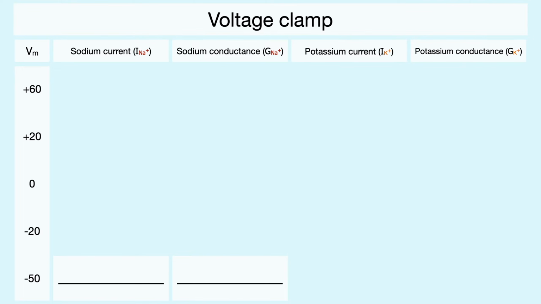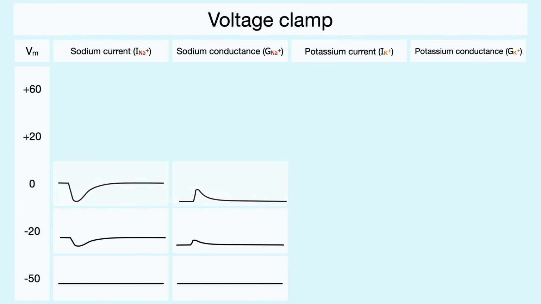Then, as we pass the threshold to, let's say, negative 20 millivolts, we get the typical inward sodium current. Here, because there is a current flowing, we also record a value of conductance. At 0 millivolts, the current and the conductance both increase again, but interestingly, at positive 20 millivolts, the current decreases while the conductance increases again.